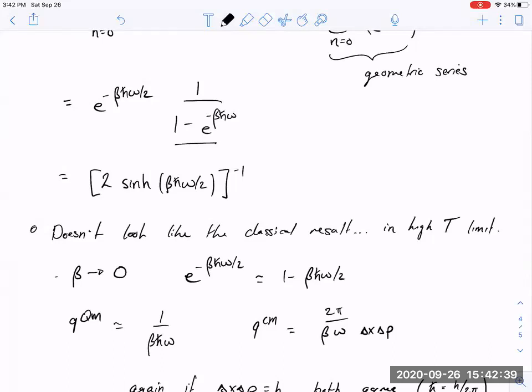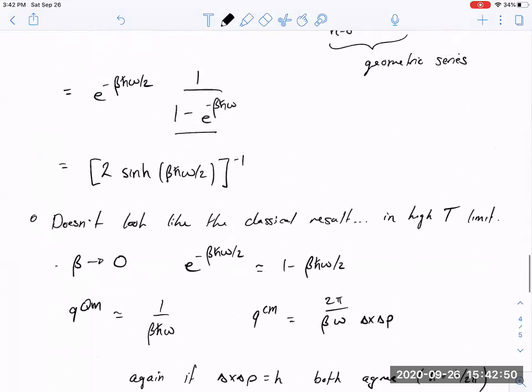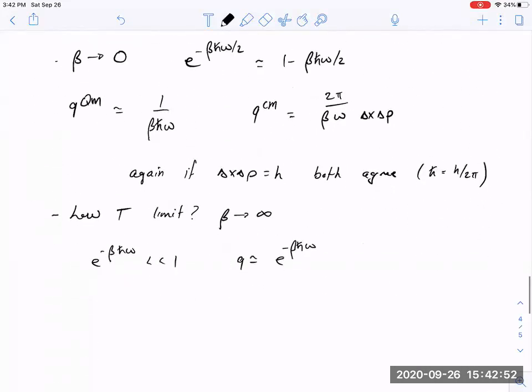So 1 over 1 minus a really small number to 0th order is just 1. To first order is 1 plus that small number. So if I took that, the next term would be e to the minus beta h bar omega times 3/2. The next term would have been e to the minus beta h bar omega 5/2, and so on.